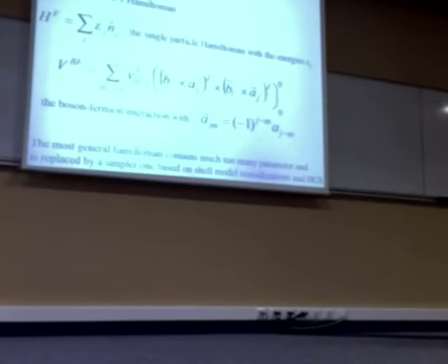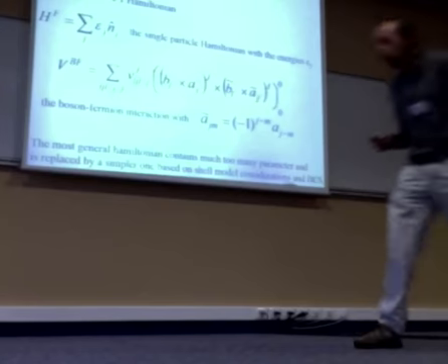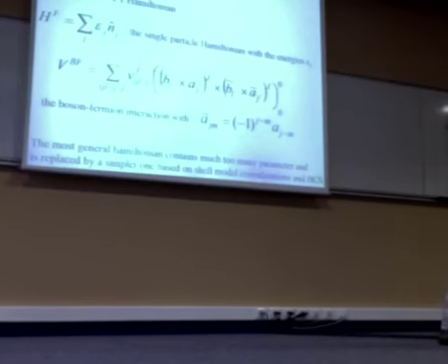Now, the most general Hamiltonian contains much too many parameters and is replaced by a much simpler one based on shell model considerations and on BCS calculations. So Bardeen, Cooper, Schrieffer, that's from superconductivity.